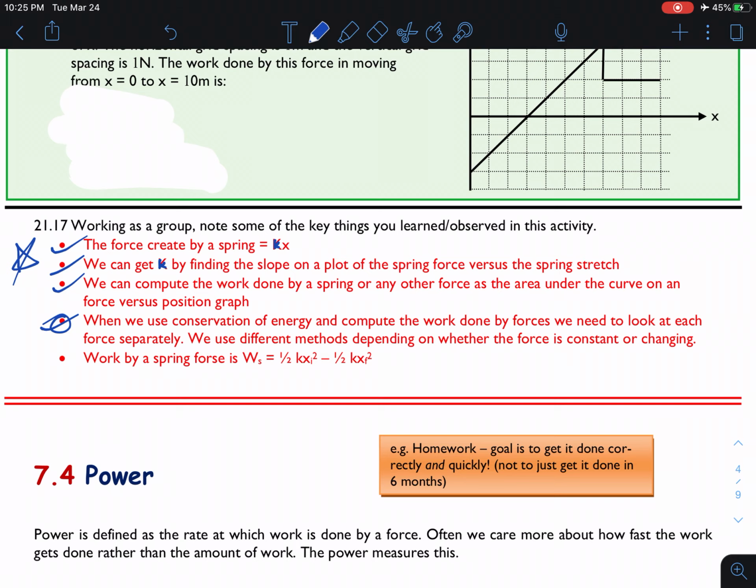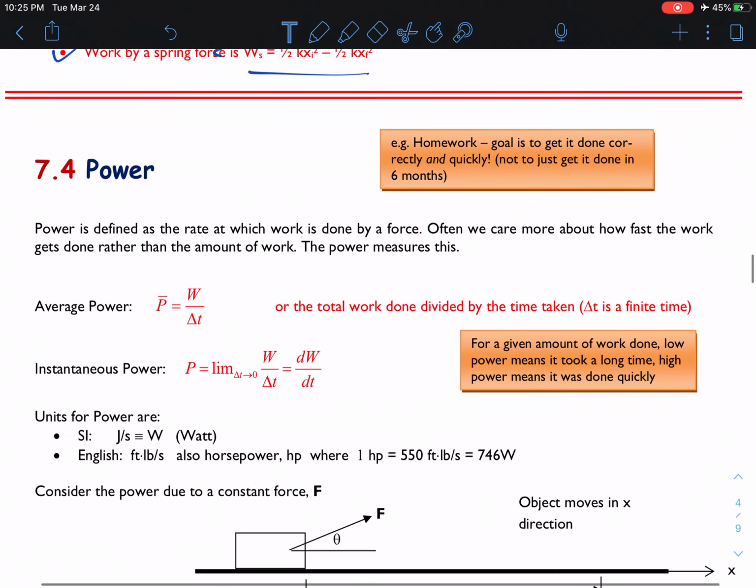And last time I also showed you one example. This is the work done by the spring force. There's so many typos. This is the form, and you'll sometimes see it as W_S, sometimes W_F sub S, but we usually try to put a subscript so that we can show that it is a spring force.